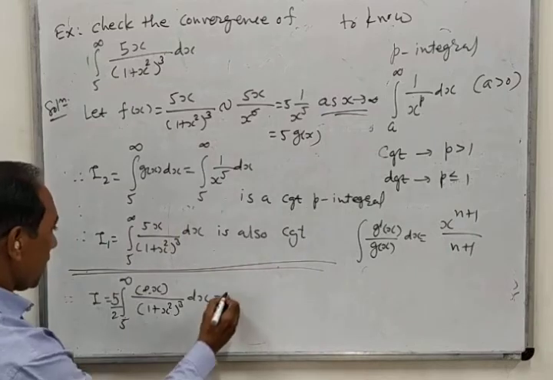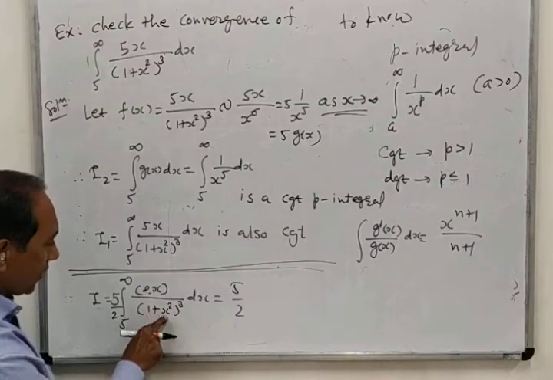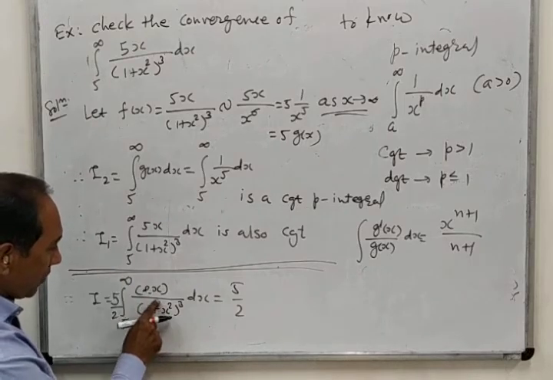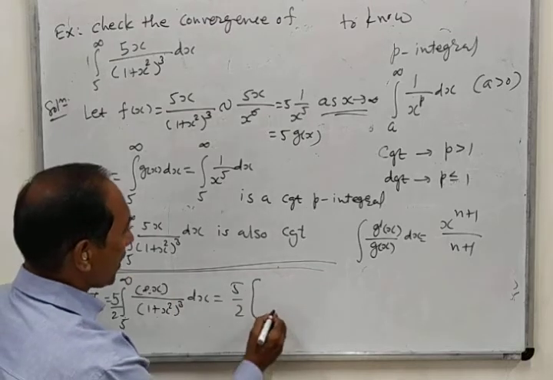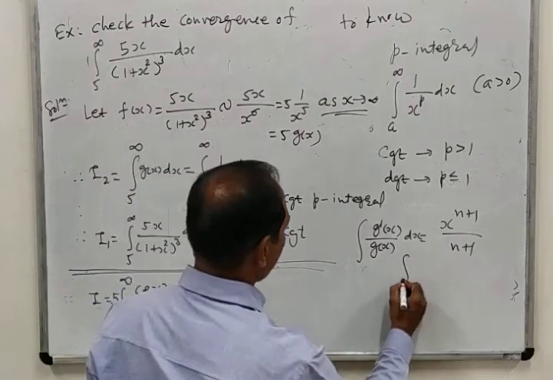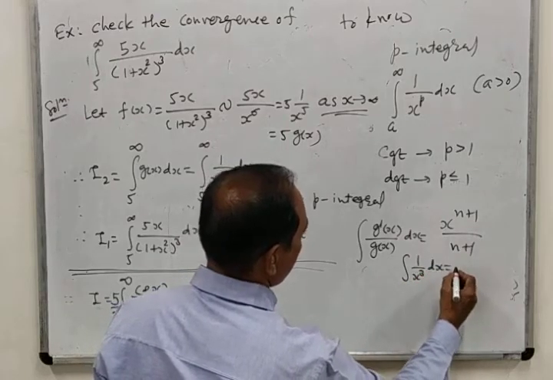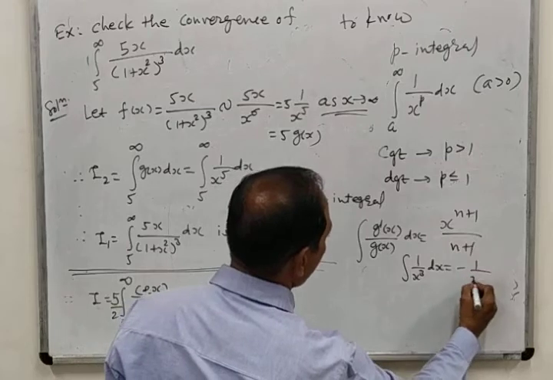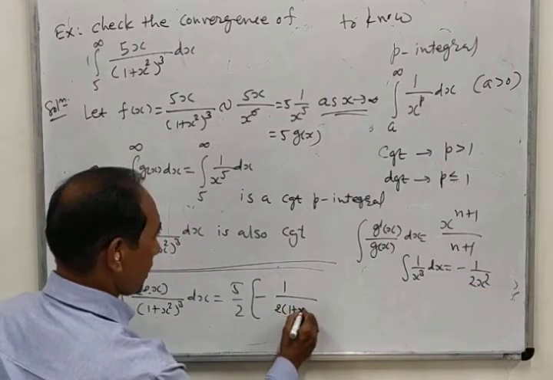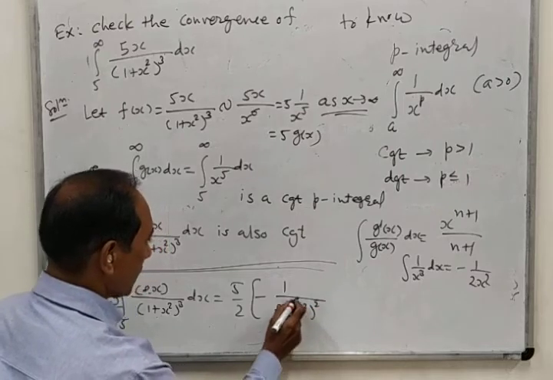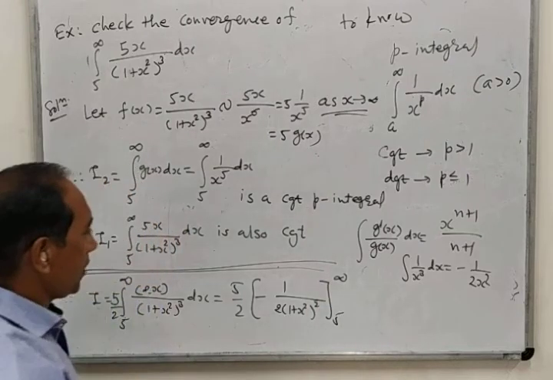Here the derivative of 1 plus x square is 2x, which is multiplied, so we can consider this as 1 upon x cube form. Its integration is x raised to minus 3, so minus 2 plus 1, giving minus 1 upon 2 times (1 plus x square) whole square. This bracket is considered as h, so its integration is this.